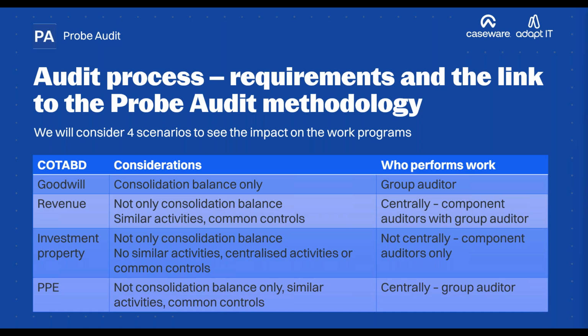That's what I want to call a combined approach, but I'm cautious of using the word combined approach. Just now you think that means we're going to do controls and substantive testing, which it's not. So let's rather use the term centrally, component auditor with group auditor. That's the approach we're going to do for revenue.